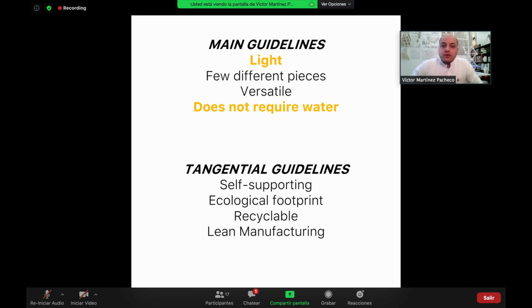So it was decided to experiment to achieve a constructive system for emergencies that met a series of requirements. It was essential that the system be light and not require water. In addition, after analyzing the state of the art of emergency architecture today, it was established that it was very important to start designing from an environmental impact perspective.